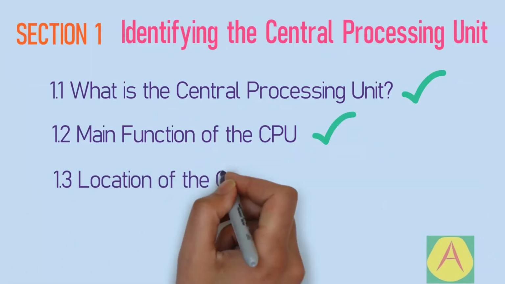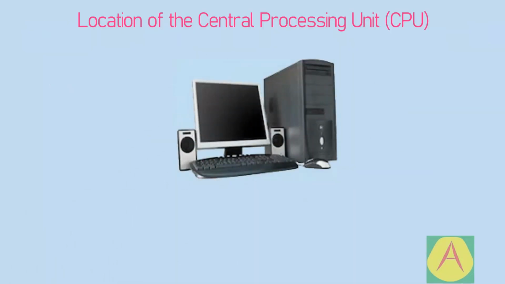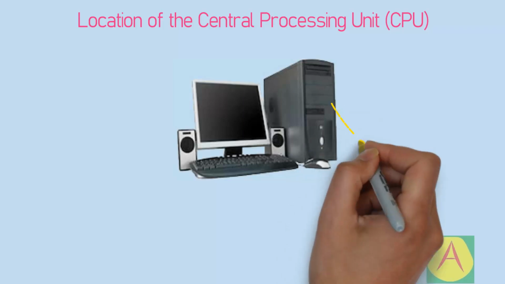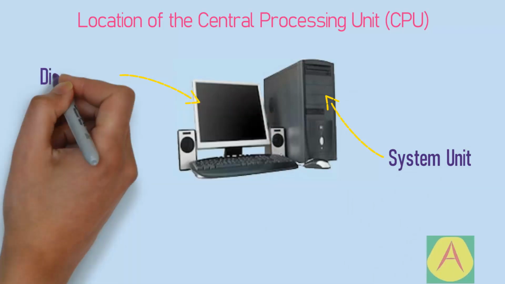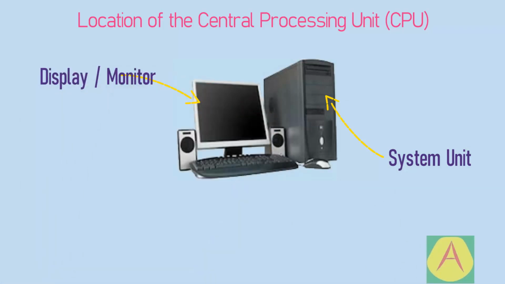Section 1, the last part, location of the CPU. This is a typical computer system you will find at homes or offices. I know you all must be familiar with all the parts shown here, but nevertheless, let's try to label them. This is called system unit. This is display or monitor, sometimes called as the VDU.